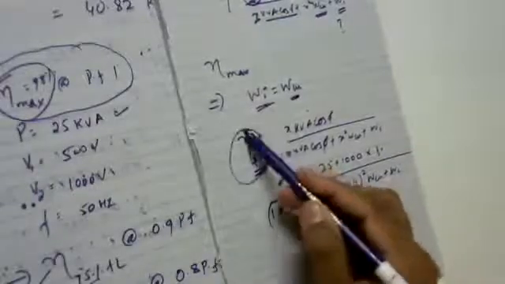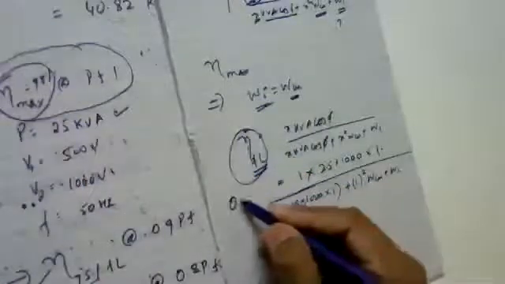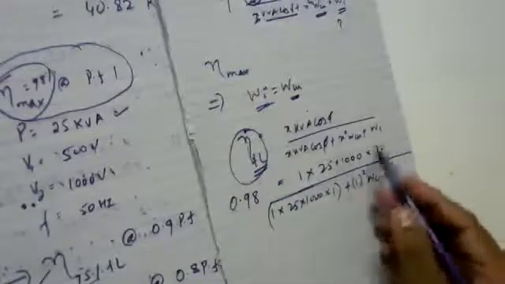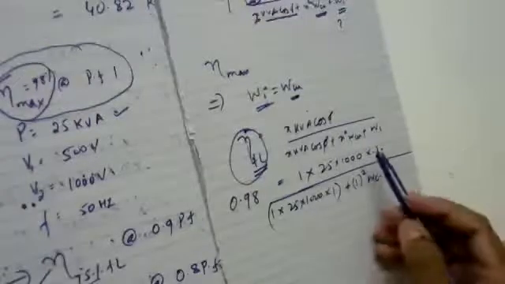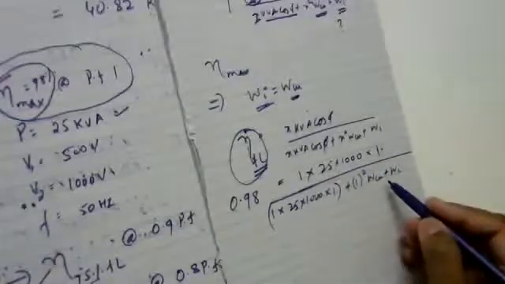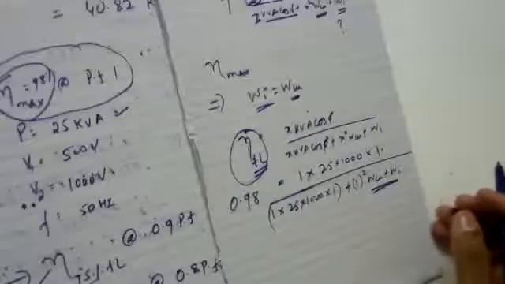So I know the efficiency at full load. What is the efficiency at full load? It is 0.98. Then I can just solve this equation. If I solve this equation, I should be able to get an equation for WCU and WI. Right?